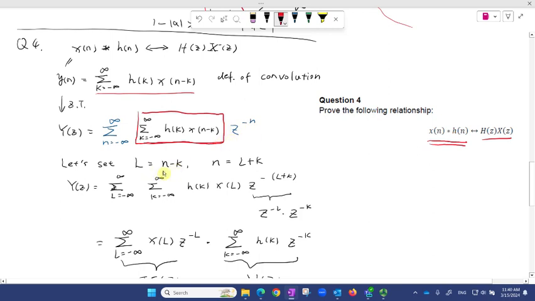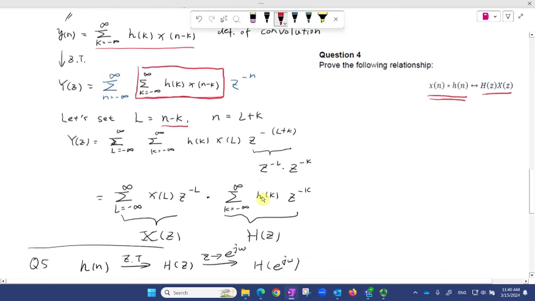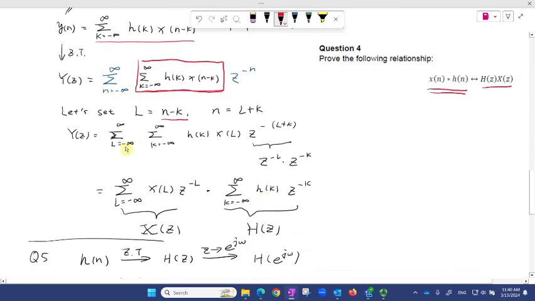Again, we substitute n minus k with a different letter: n minus k becomes l, and n becomes l plus k, so there's no n anymore. This term can be split into two terms, so we have two sum signs, something in between, and a z power term.